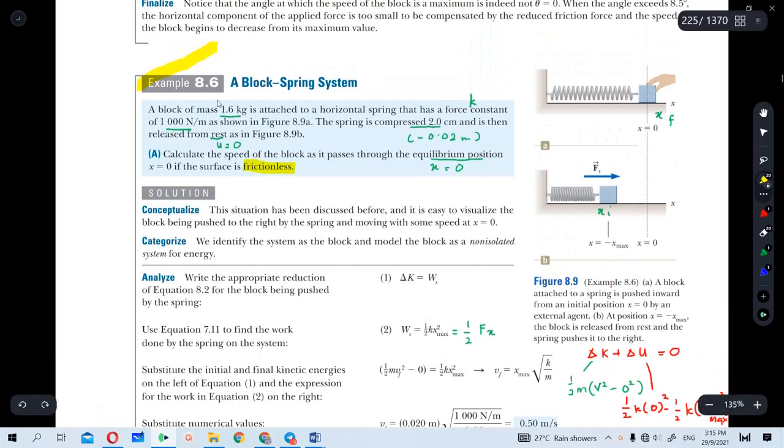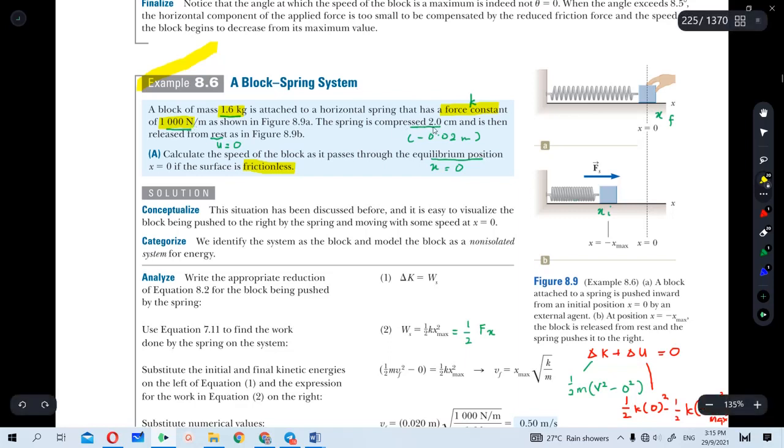Alright, in this question, you have a block of mass on a horizontal surface, hence a horizontal spring, having a K value, spring constant, of 1000 Newton per meter.